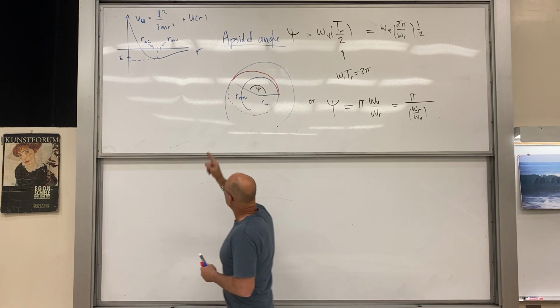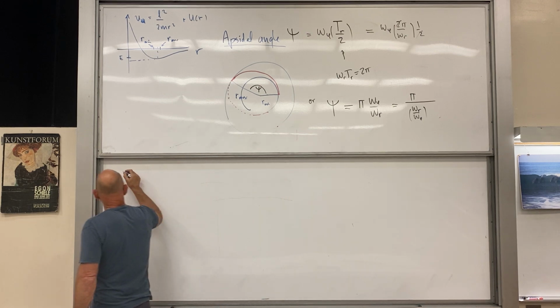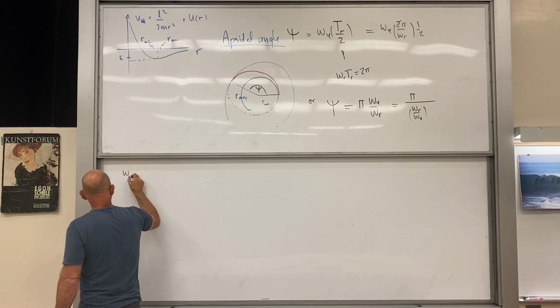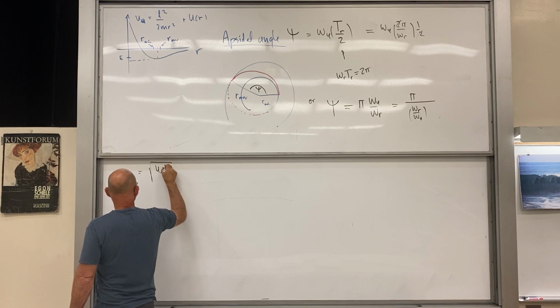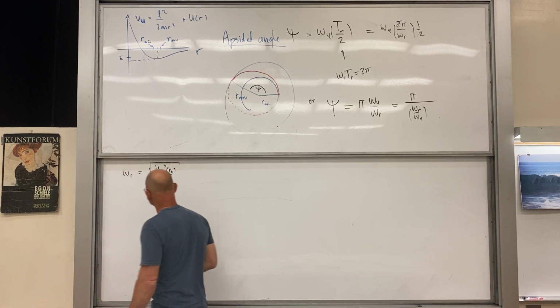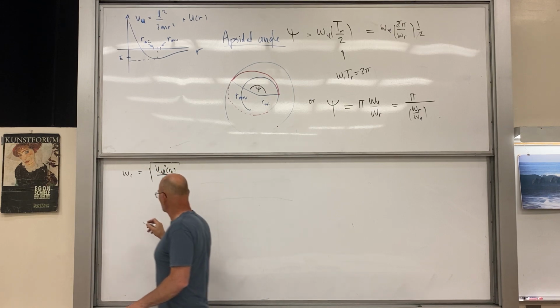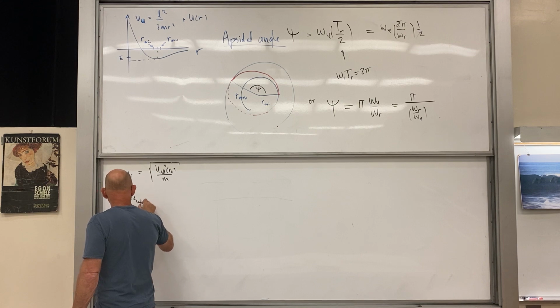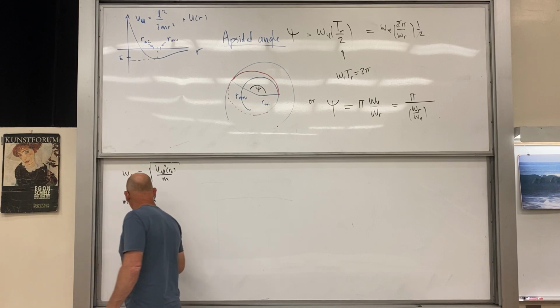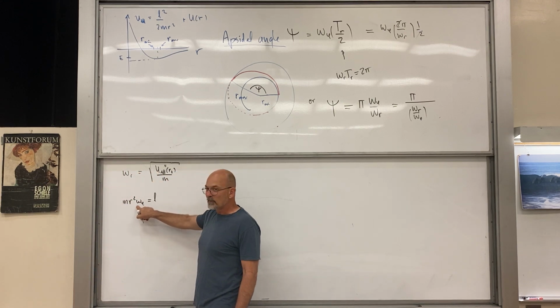So we have the U effective up there. Let's see what we remember about this. Omega sub r is the root of U effective double prime of r0 divided by m. And then we had m r squared omega sub phi equal to L, so we also had an expression for omega sub phi.